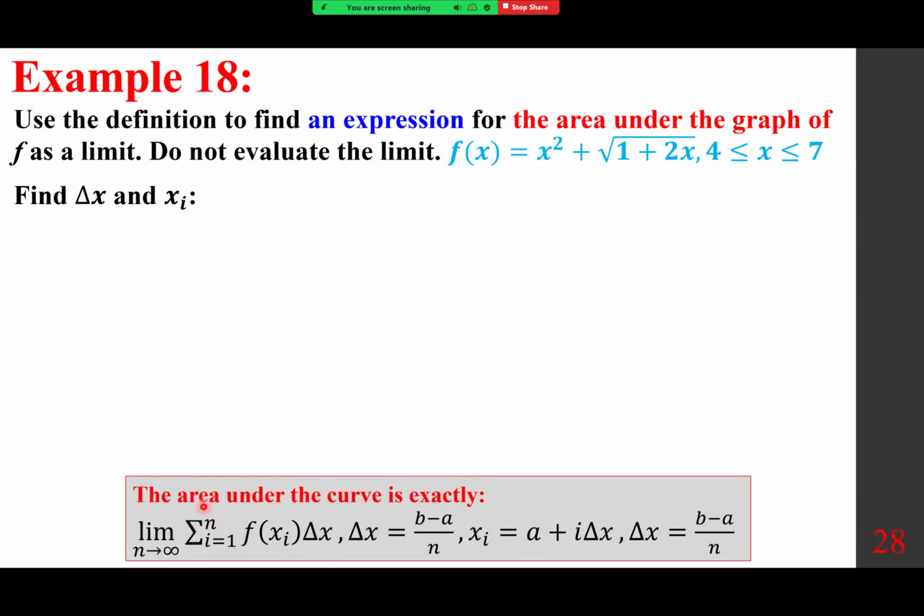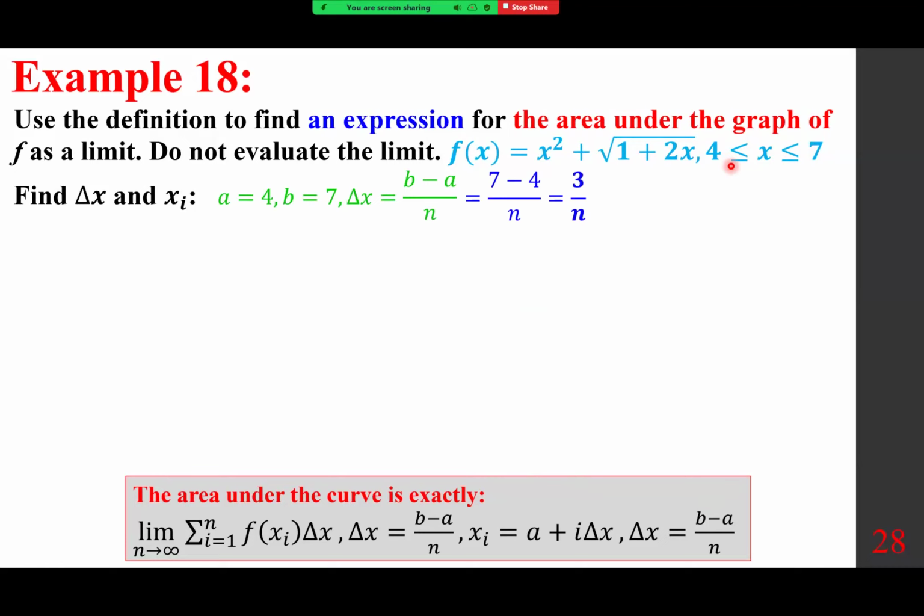So we are going to go from a to b. So a is 4, b is 7, and delta x is b minus a, 7 minus 4, or 3 over n.